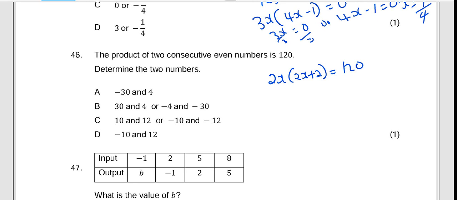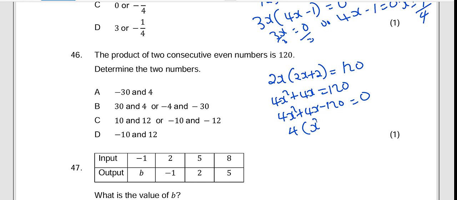Guys, let's now solve. This is going to be 4x squared plus 4x minus 120 equals 0. And then I will take out 4. I'll be left with x squared plus x minus 30 equals 0.